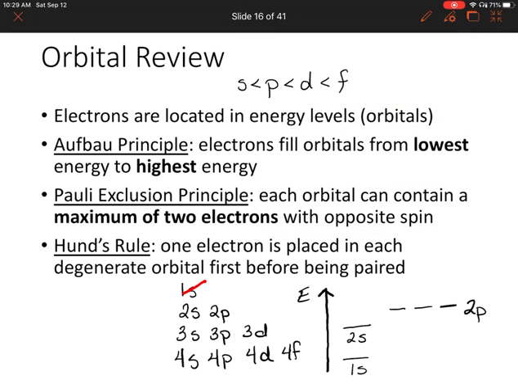So we start with 1s, then we go to 2s, and then that's followed by 2p and 3s. And then that's followed by 3p and then 4s, so things get a little out of order as we go higher up in energy. And then we have 3d and 4p. So hopefully some of this is coming back to you.